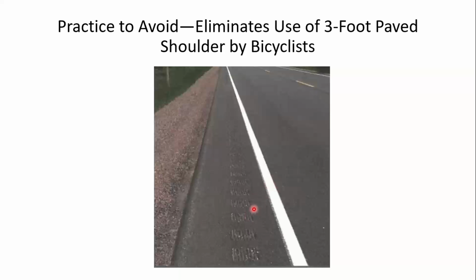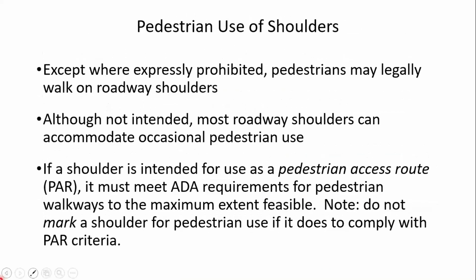And so that's one of the issues. It would be easy for a blind pedestrian to sort of veer out into the traveled way because there's no detectable edge to the shoulder, at least on the motor vehicle side. So that's just something I wanted to mention. But generally, shoulders are not part of the PAR.